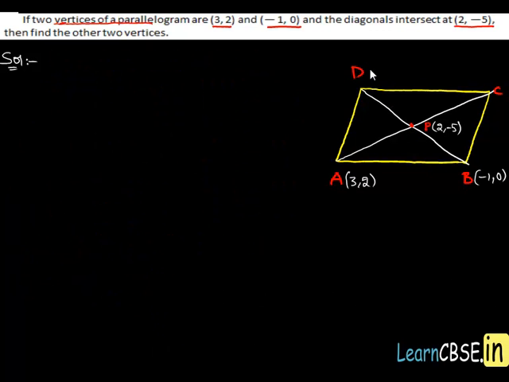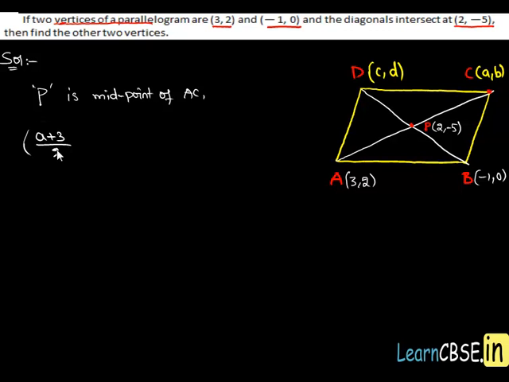Here let us assume the coordinates of vertex C as (a, b) and the coordinates of vertex D as (c, d). Since P is the midpoint of diagonal AC, we have the sum of x coordinates of A and C, which is (a plus 3) divided by 2, and the sum of y coordinates of A and C, which is (b plus 2) divided by 2, equal to the midpoint, that is P, which is (2, -5).